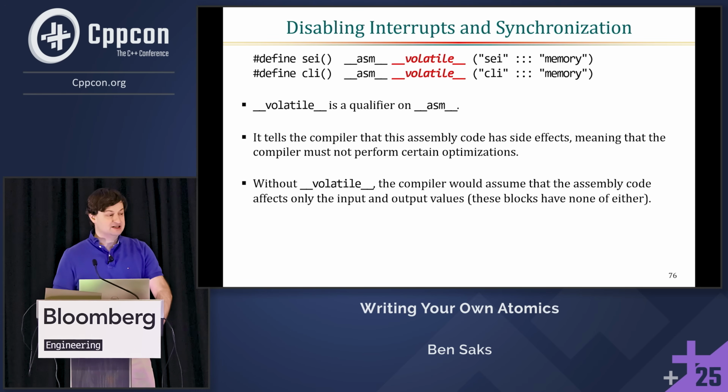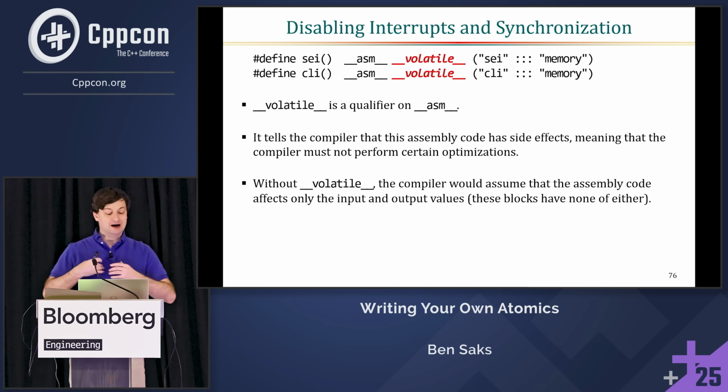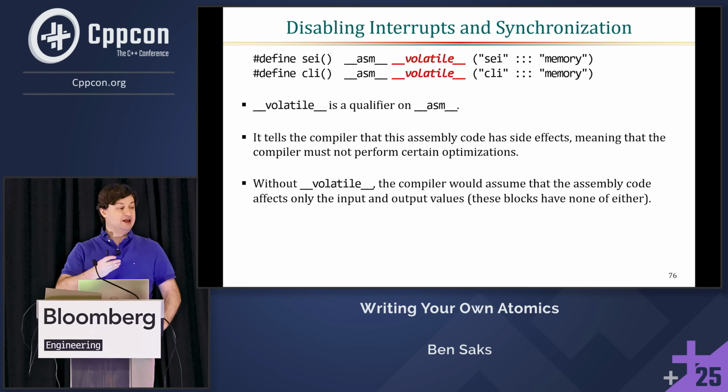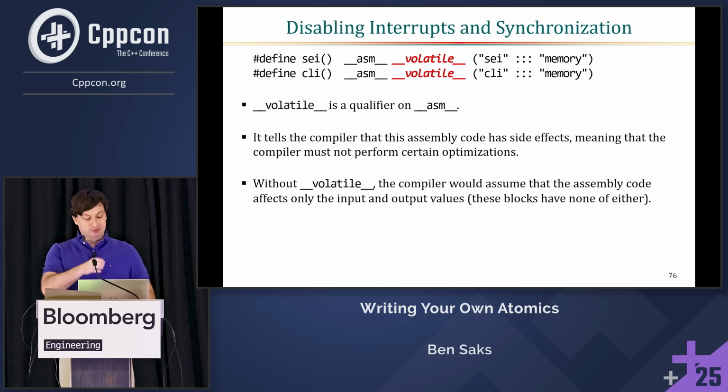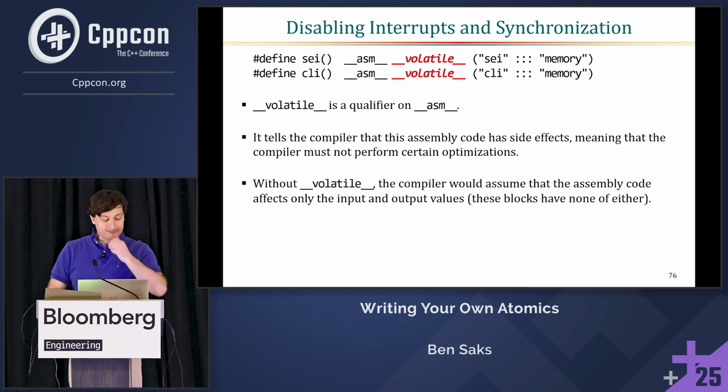What it says to the compiler is that this assembly code has side effects that are not necessarily obvious just from looking at these blocks, and can take input and output values. I'll talk about that in a moment.